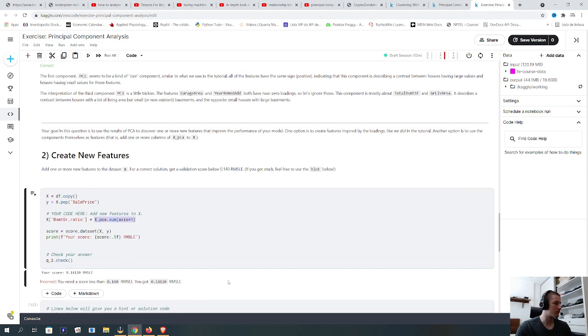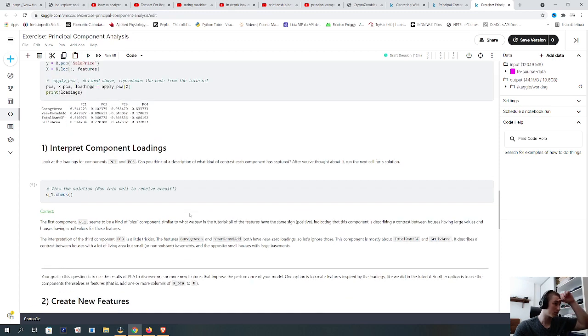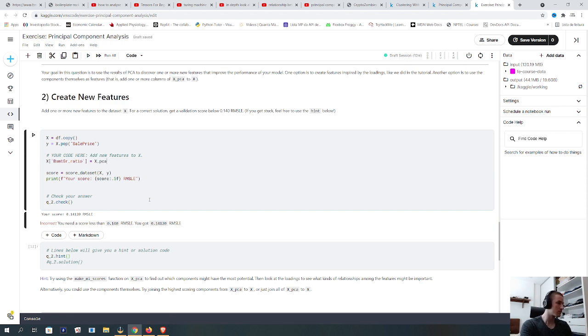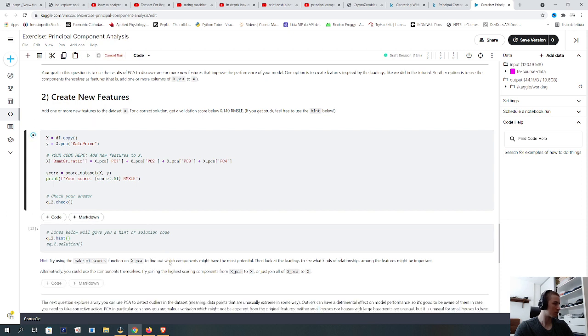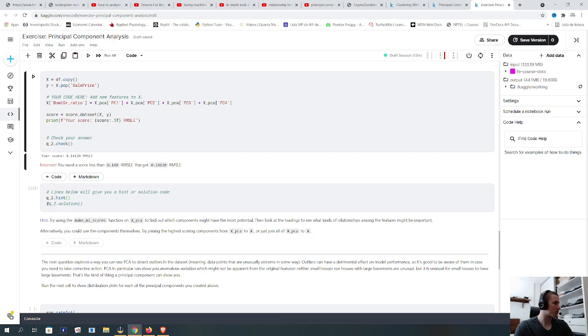What if I PCA C1 2 3? So it still doesn't work. I'm gonna look at the solution then.